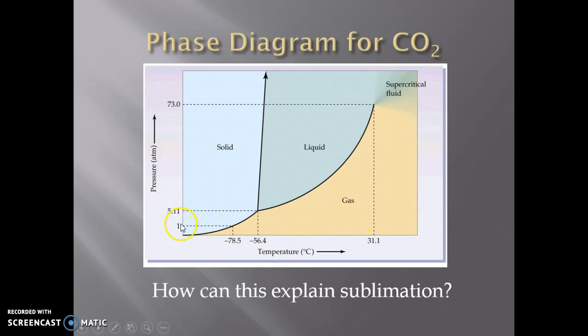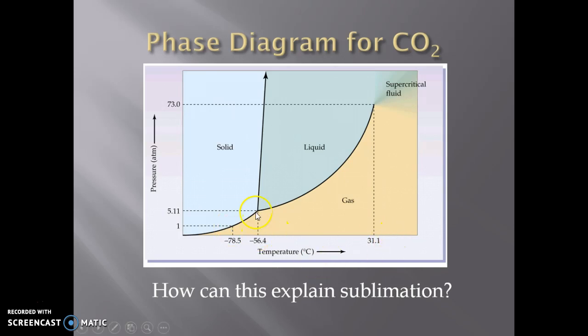So here is the normal boiling point, pressure of 1 atm. CO2 goes from a solid to a gas. It's not technically a boiling point. It goes from a solid to a gas at minus 78 degrees Celsius. So there is no normal boiling point.